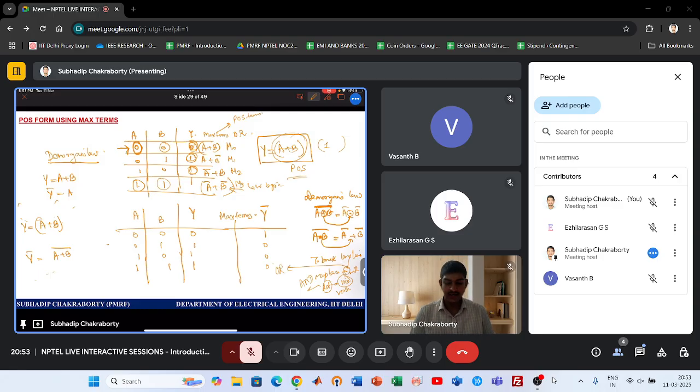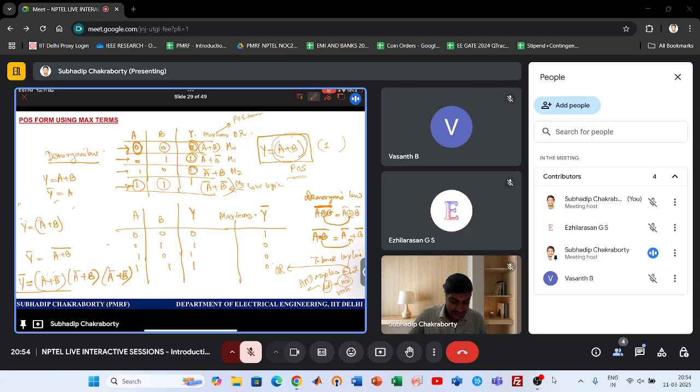This much you understand. Now what I was trying to tell is that if you would have marked the ones, then what would you have got? A plus b bar times a bar plus b times a bar plus b bar. If you would have done like this, then you would have got y bar. So just check.